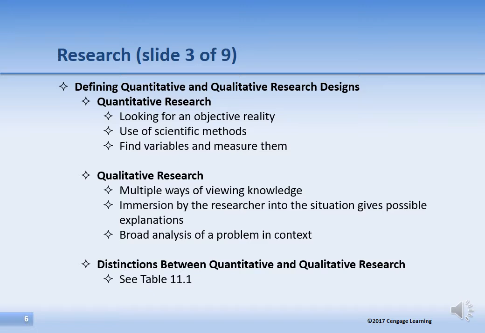And there are broad types of analyses for the problem within its context. Some examples of qualitative research include ethnography, narrative, phenomenological. Many times we find qualitative research includes things such as interviews, focus groups, or long-term observation within a specific culture or group.